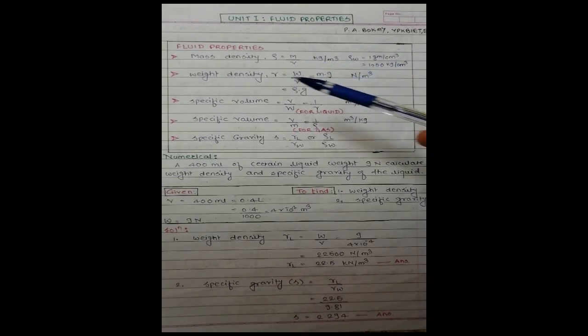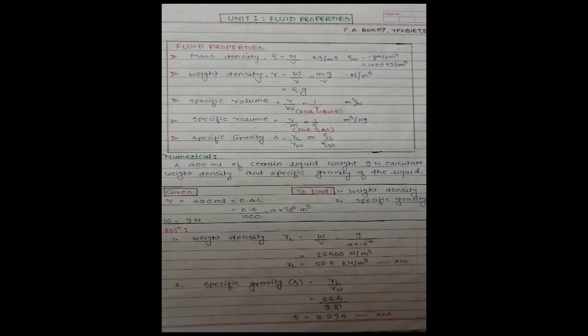So weight density gamma is equal to weight per unit volume, where weight can be written as m into g. So this can be written as gamma equals rho into g. The unit of weight density is Newton per meter cube.